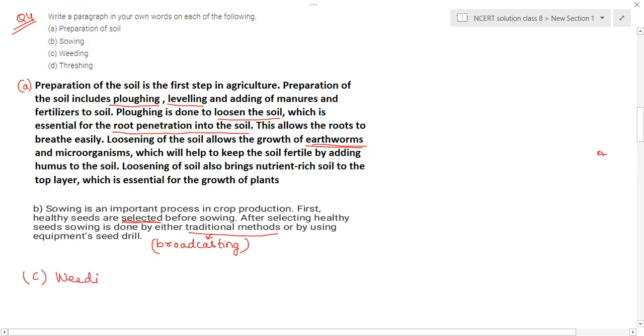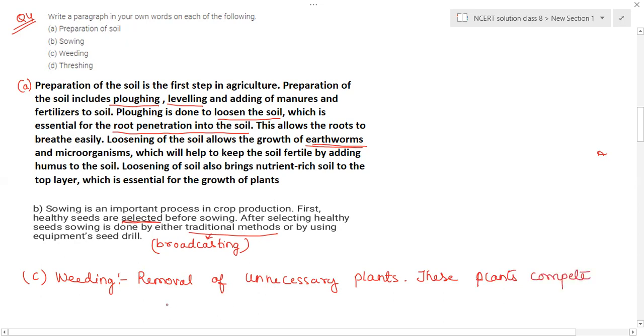Weeding. Weeding is removal of unnecessary plants because they compete with the main crop for sunlight, water and nutrients.